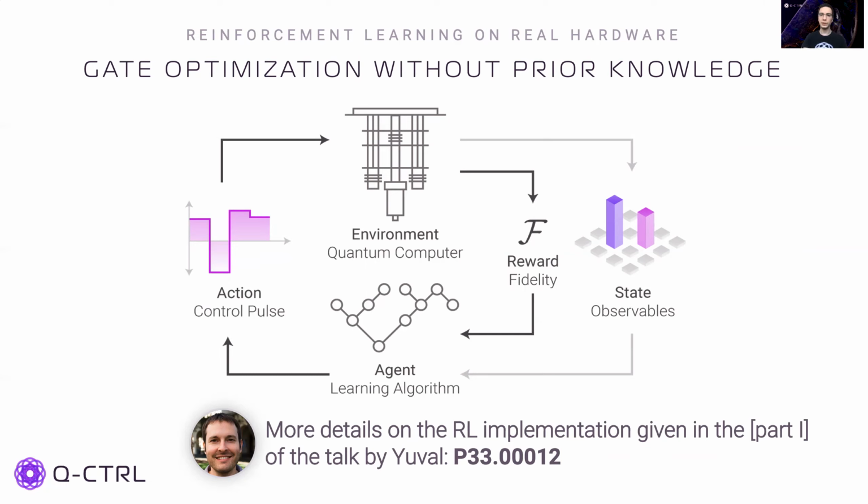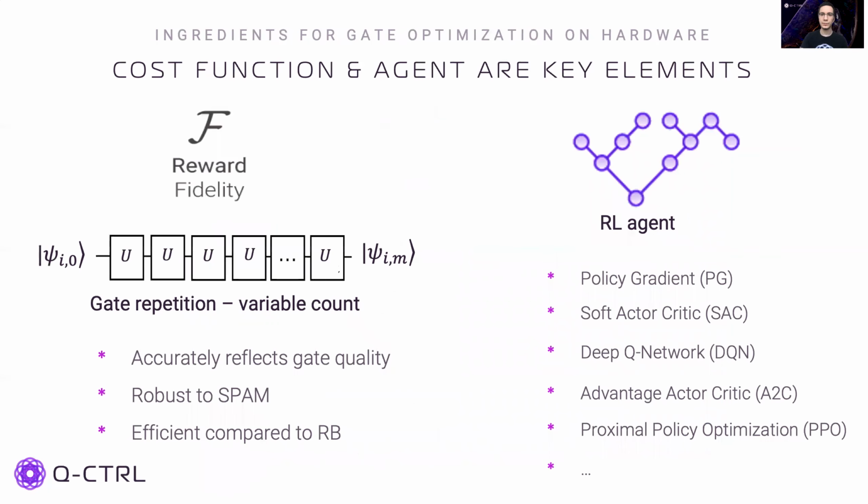More details on the gate optimization process using reinforcement learning are given by Yuval in his talk, part 1 of this presentation series. Key elements in the optimization process are the cost function that produces a reward for the RL agent and which is used to evaluate the quality of the candidate solution, and the learning algorithm used by the agent to formulate new candidate solutions.